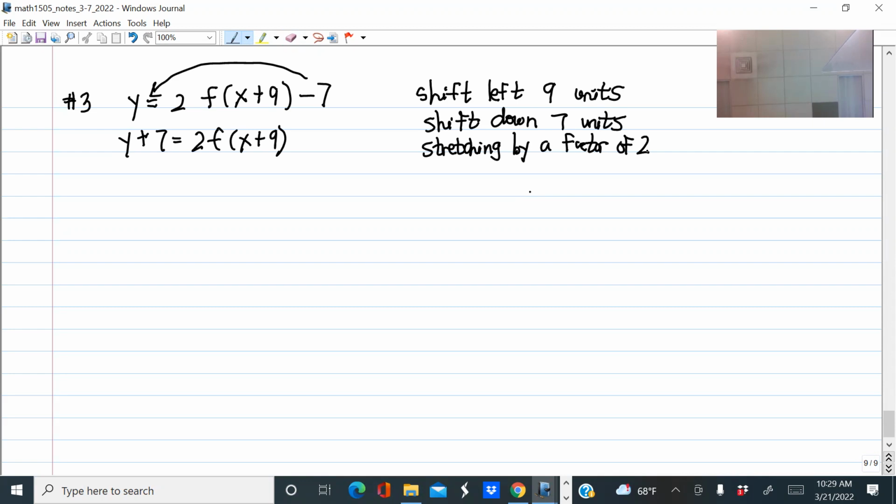But last time, the way I described this was again maybe a little bit confusing. Let's forget about the 7 for a moment. If you want to shift the 2 to the left hand side, how can you do that? Divide both sides by 2, so you get y over 2 is equal to f of x plus 9, and then of course y over 2 is the same as 1/2 times y.